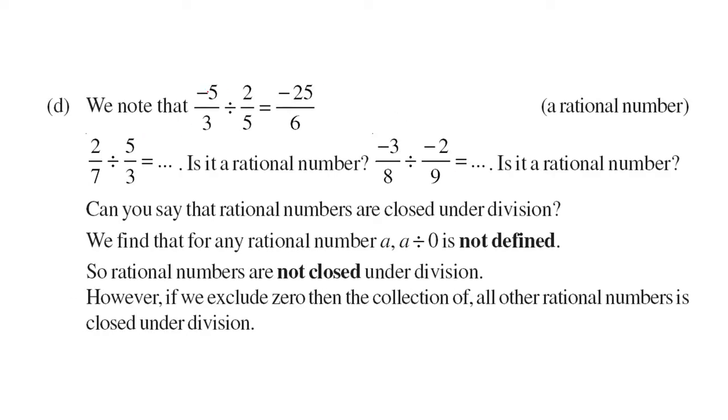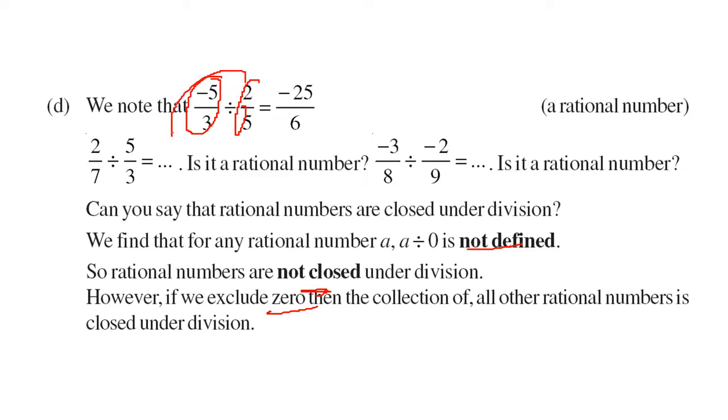And when you divide, see, this is one number, this is the second number, and these are both in p by q form. So when you divide this, just devoid of 0. That means if you ignore 0, the rational numbers are not closed under division. So if you exclude 0, then the rational numbers will be closed under division.